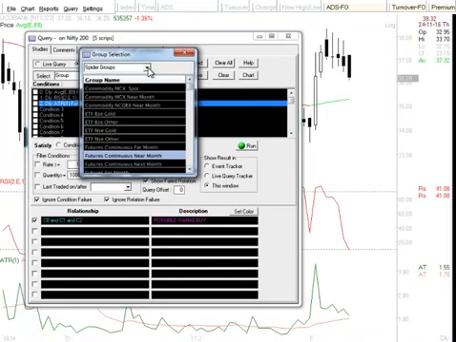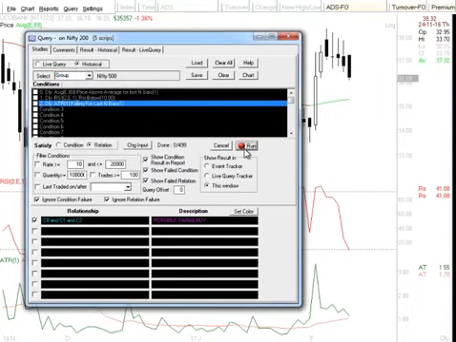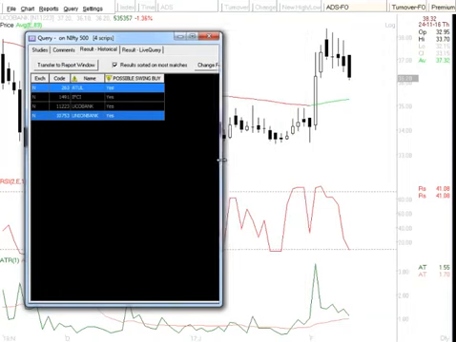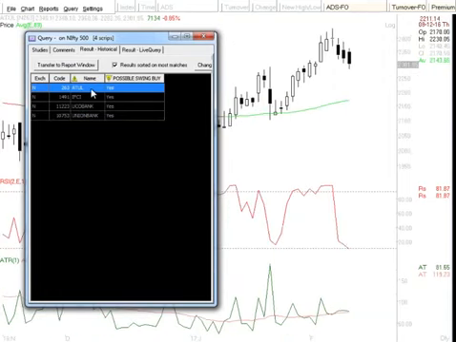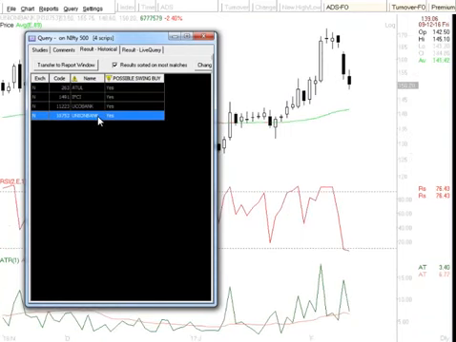And I give it a bigger universe, 500. Run. Description: possible swing buy. What do I get? Atul, IFCI, UCO Bank, Union Bank.